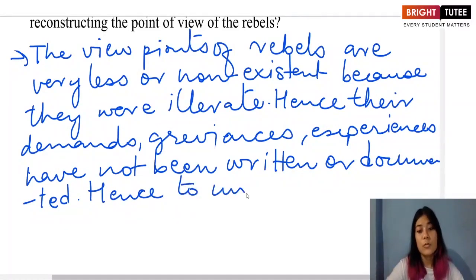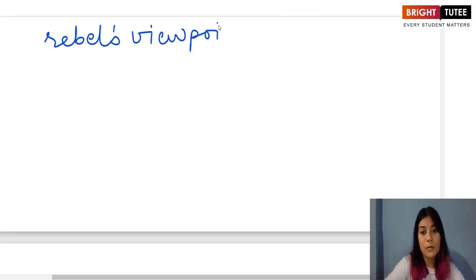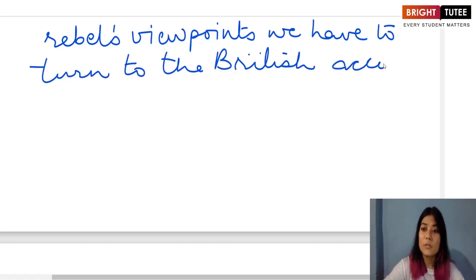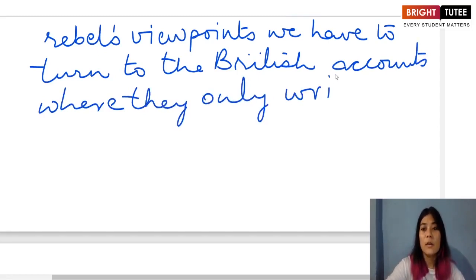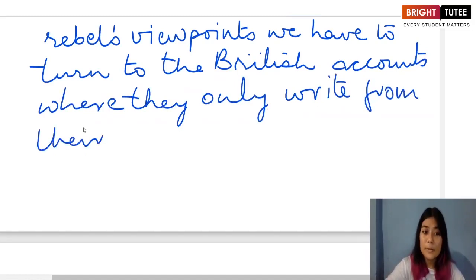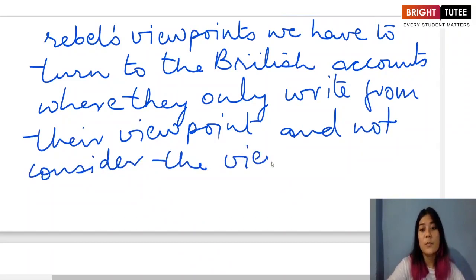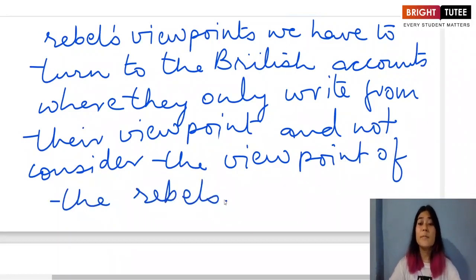Hence, to understand the rebels' viewpoints, we have to turn to the British accounts, where they only write from their viewpoint or perspective and do not consider the viewpoint of the rebels. Alright, so this is one of the problems that historians face.